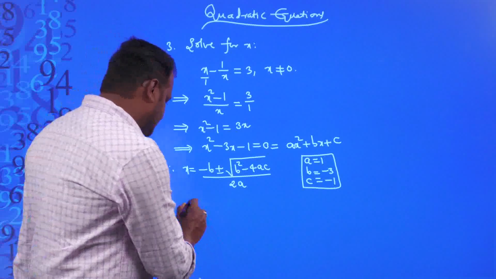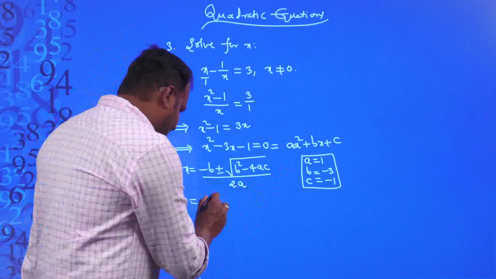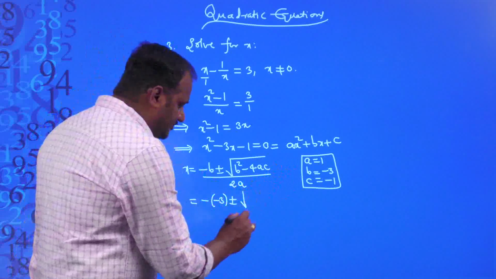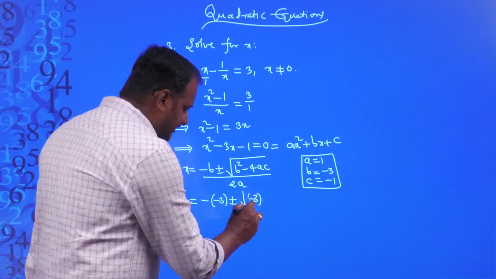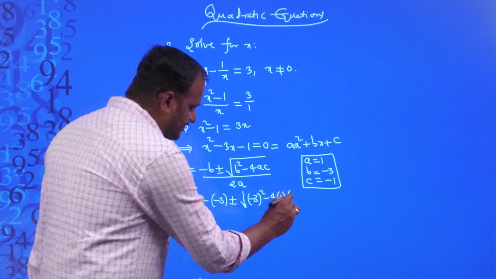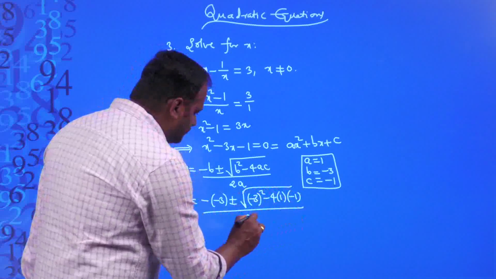Let us substitute, which is equal to minus, the value of b is minus 3. So, minus minus 3 plus or minus square root, b square means minus 3 whole square, minus 4ac, a is equal to 1 and c is equal to minus 1, whole divided by 2a, which is 2 into a, which is 1, right.